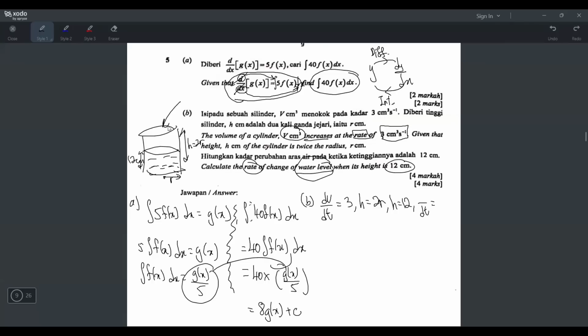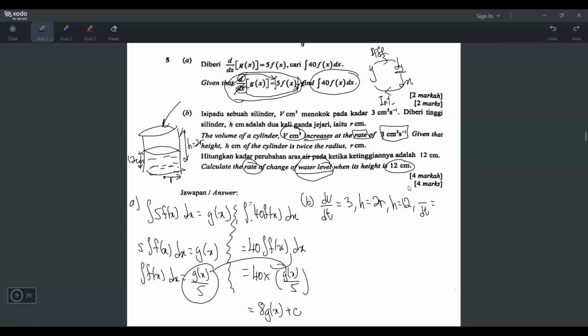It means every second you tambah 3 cm cube. But what about the height here? Like 1 second, how many cm does the height increase? I don't want the rate for cm cube, I want the rate for cm. I think that's what they want, right? So I think the water level is actually h.